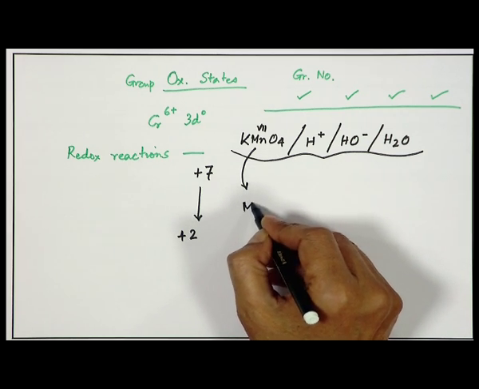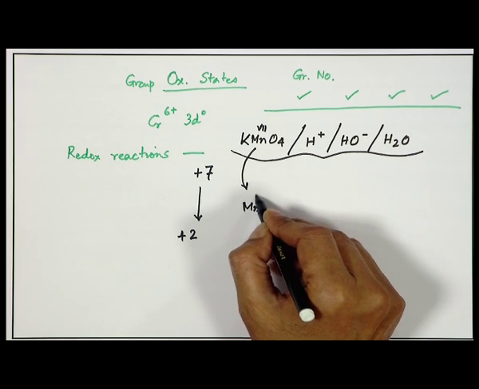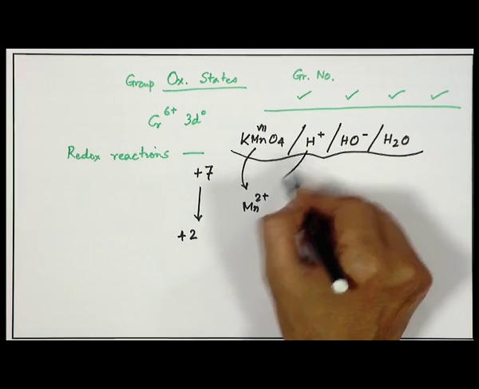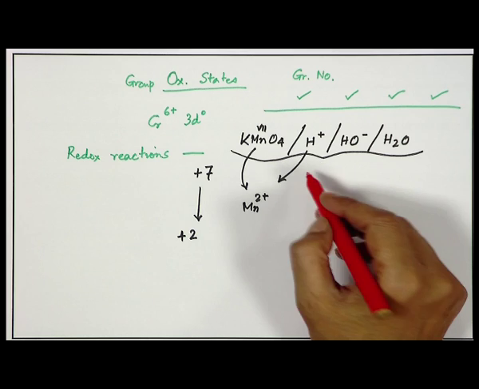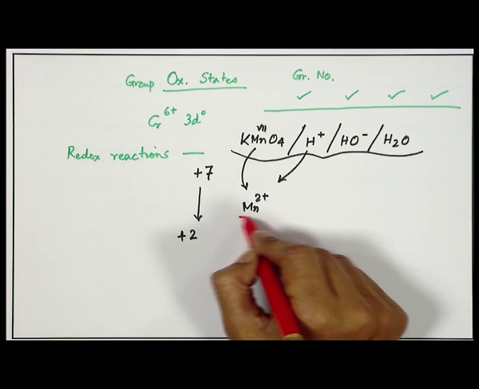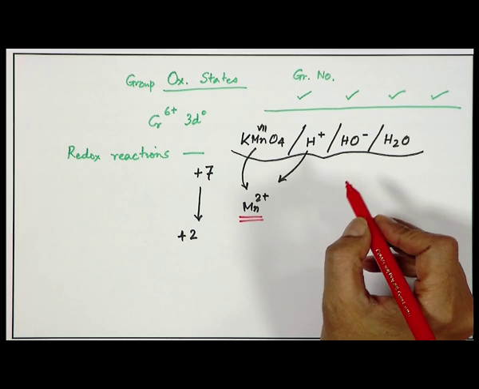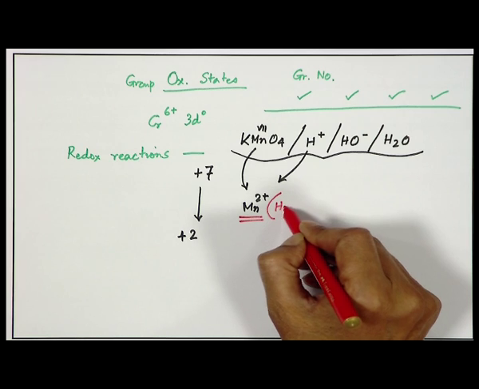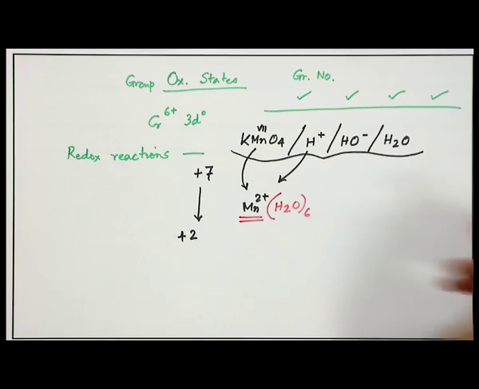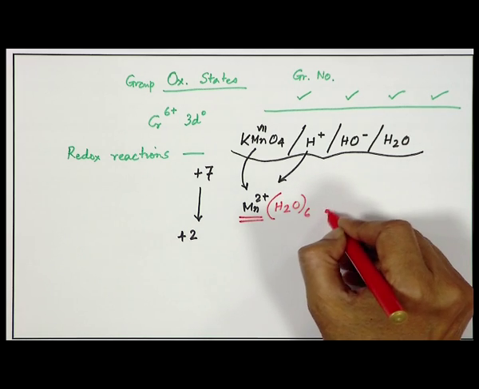So, when you reduce it in acidic medium, when plenty of H+ is there, the species is the aqueous species, with water molecules bound to the manganese center. The most common one has 6 water molecules bound to manganese when we work in aqueous medium.